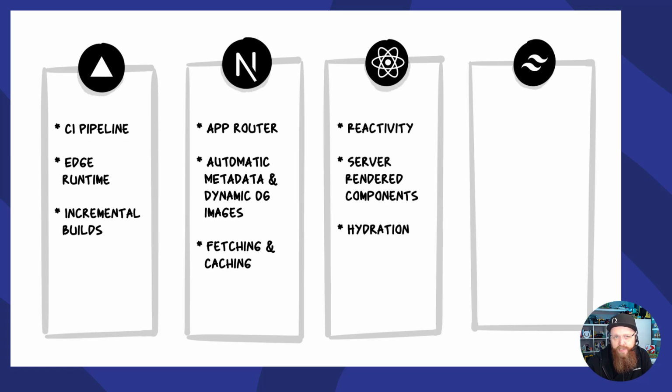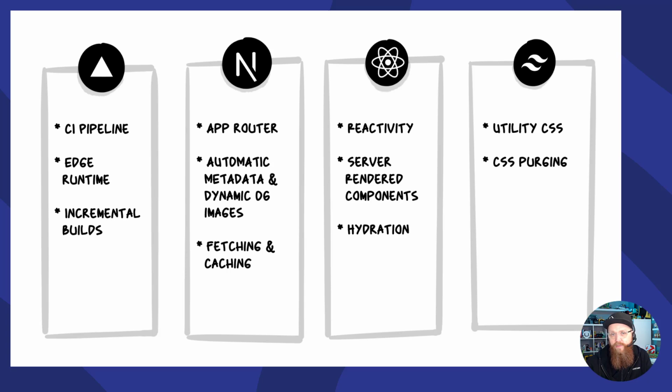Next is React based, so React is giving us our interactivity, so that's our reactive front-end components. It also gives us server rendering of our components, and because we are server rendering, it also gives us our hydration functionality.